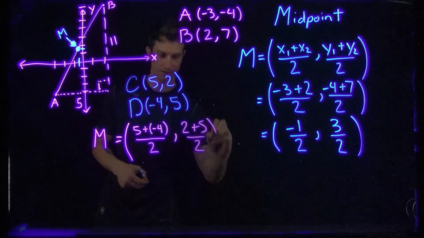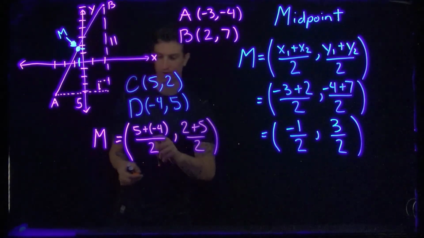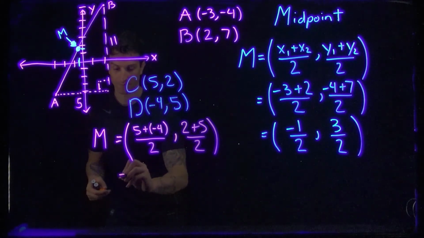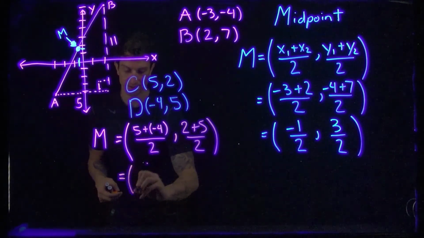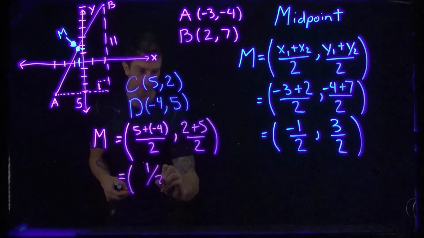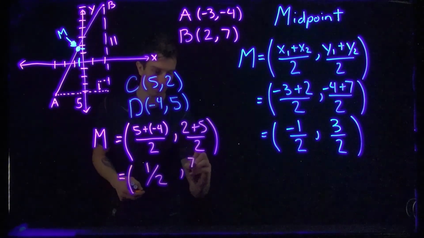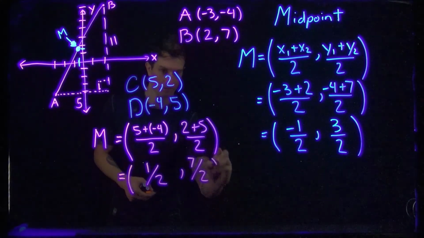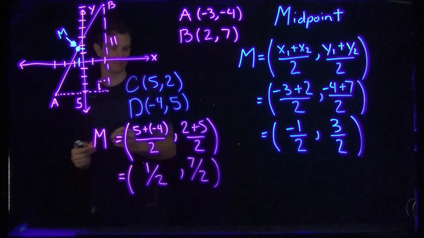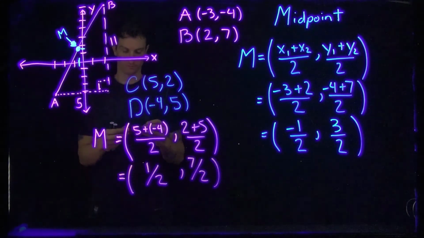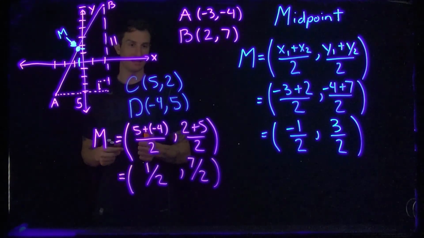I keep picking nice fractions for us to deal with. So 5 minus 4 divided by 2 is going to end up being 1/2. And this is going to end up being 7/2. Right, and that is going to be it.